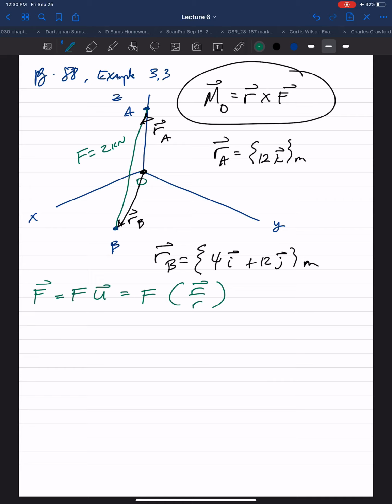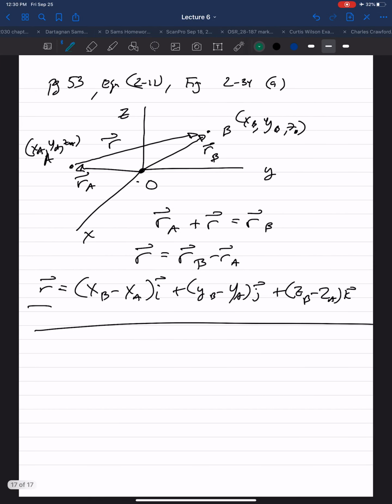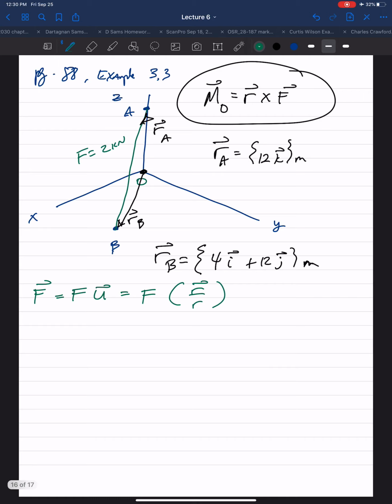So then R, as we said from our review of chapter 2 work, is R_B minus R_A. And we simply subtract the coordinates. R_B has I and J coordinates, or X and Y, and R_A only has Z, or K, right?